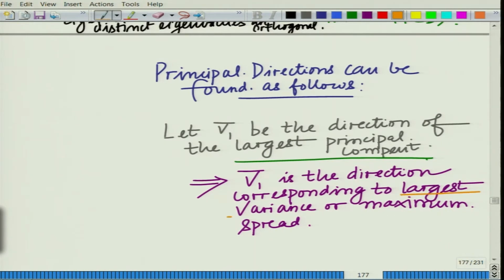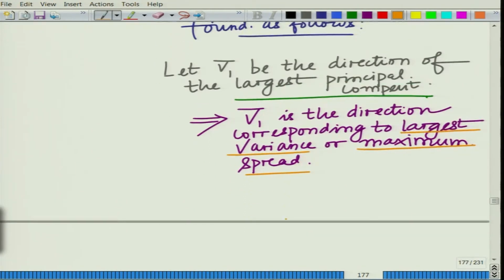So, this is the direction corresponding to the largest variance or the maximum spread, right.